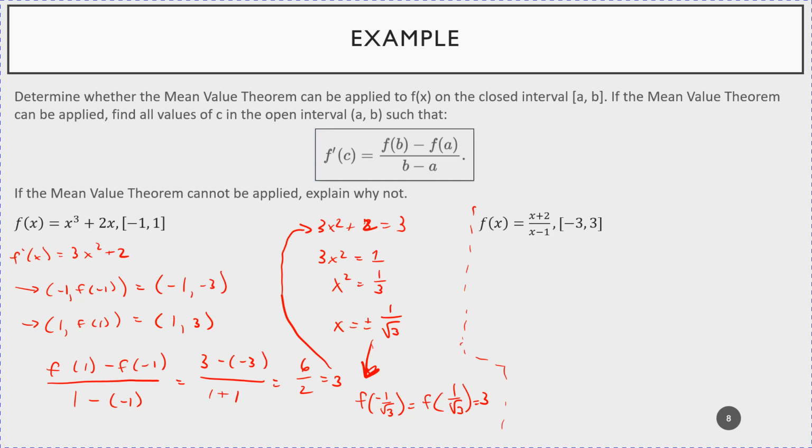So you can't apply the mean value theorem here. This is just because f of x is not continuous at x equal to 1, which is in the interval from -3 to 3.